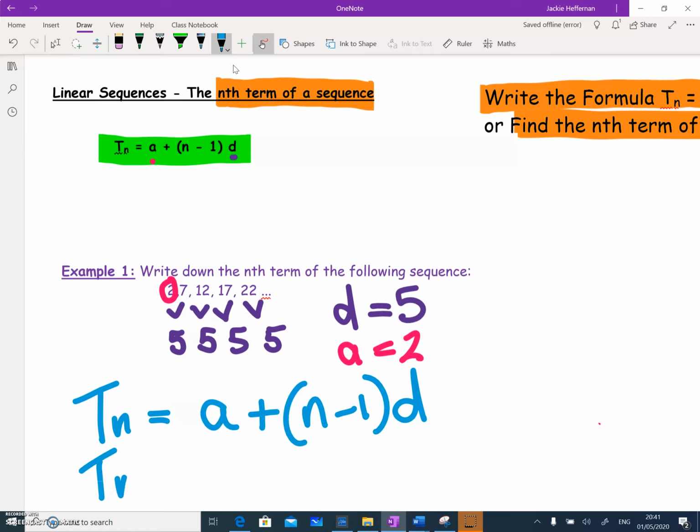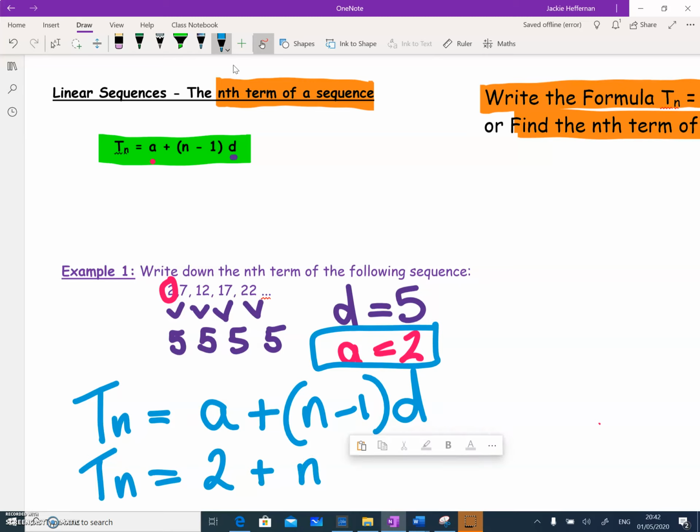So T of n is equal to a, which we know is 2, plus n minus 1 times the difference, which is 5. So 5 goes here.